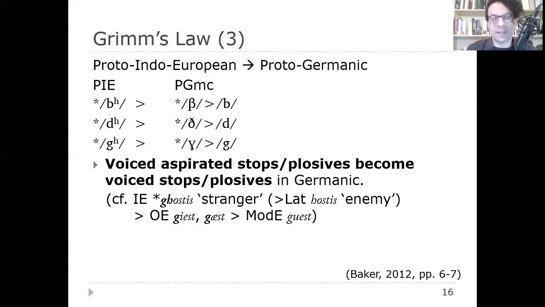However, in Germanic, this sound in the long run changes to a g sound. So, for example, we have modern English guest. If you're saying that you're staying somewhere as a guest, then the person who's keeping you in their house is your host, right? And you might be staying at a hostel or at a hotel, actually.